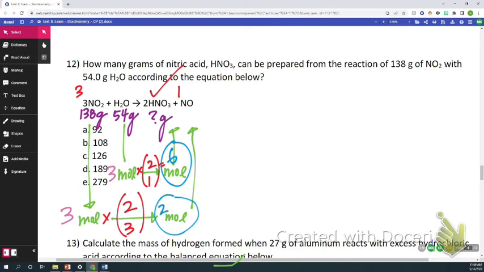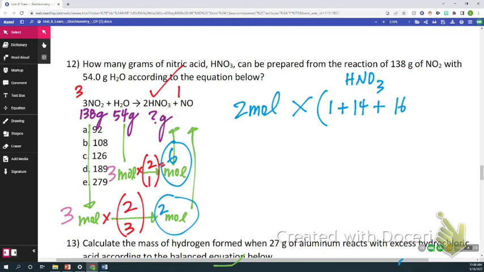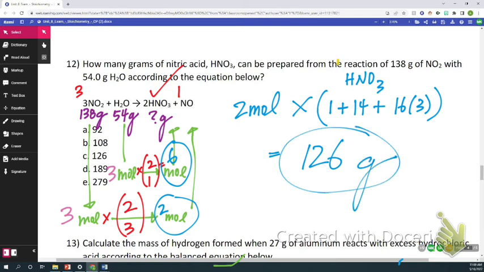So 2 is going to be the answer. 2 moles times, to get to the grams, you have to multiply HNO3 molar mass. H is 1, plus nitrogen is 14, plus oxygen is 16 times 3. And I got 126. So C as your answer.